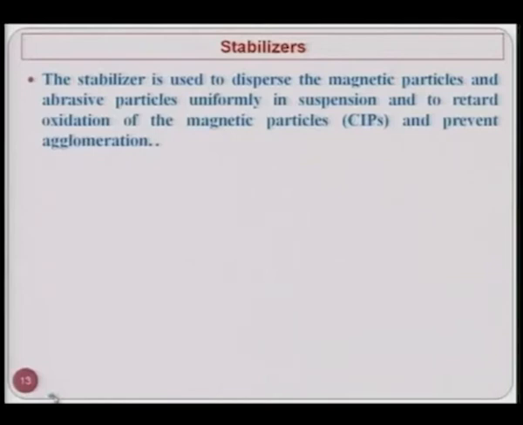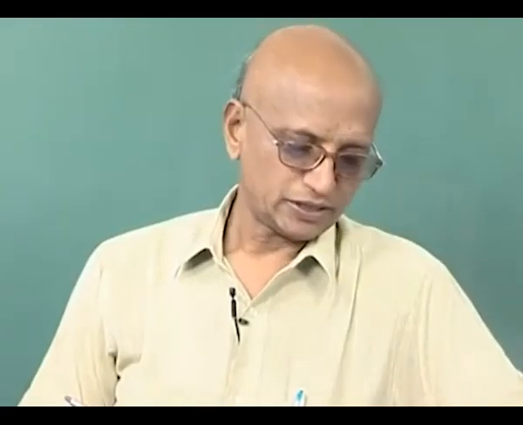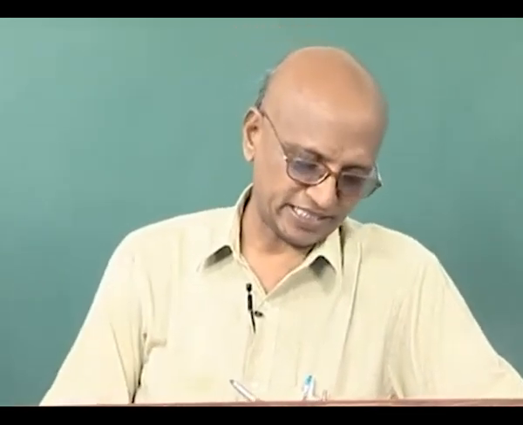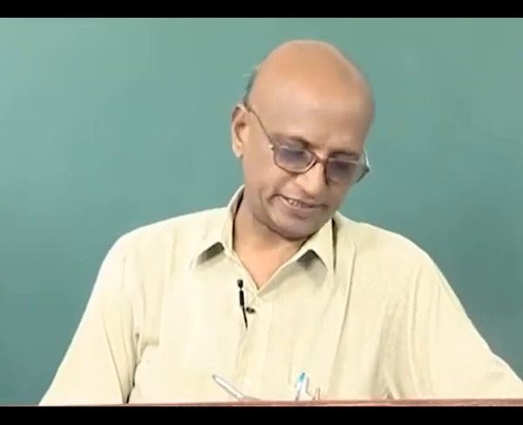Magnetic particles should not get oxidized, otherwise they cannot function properly, and secondly, they should not agglomerate, they should not form clusters in a localized area, otherwise they are not going to function in the designed way, because they should be suspended in the medium as individual particles, then only they can form a good quality chain structure, as I have shown you earlier in the figure.